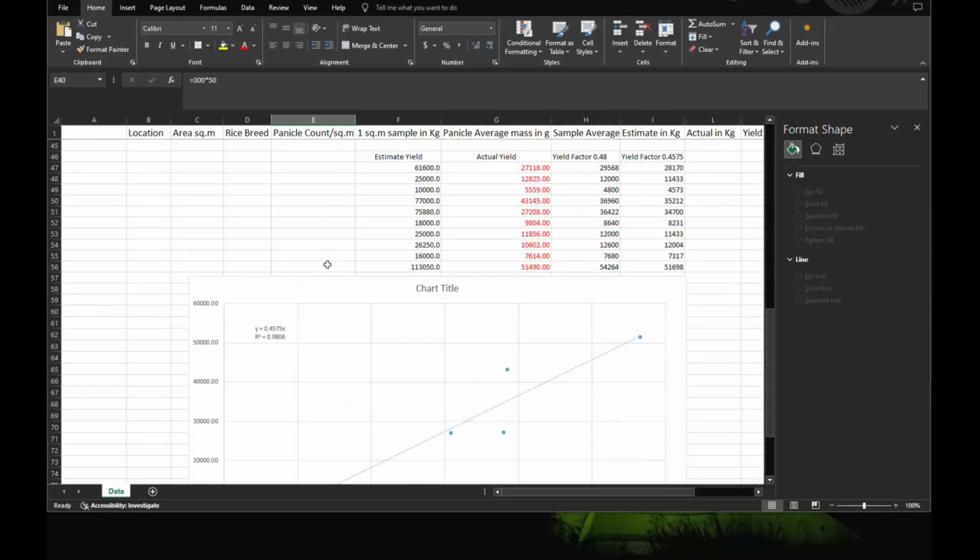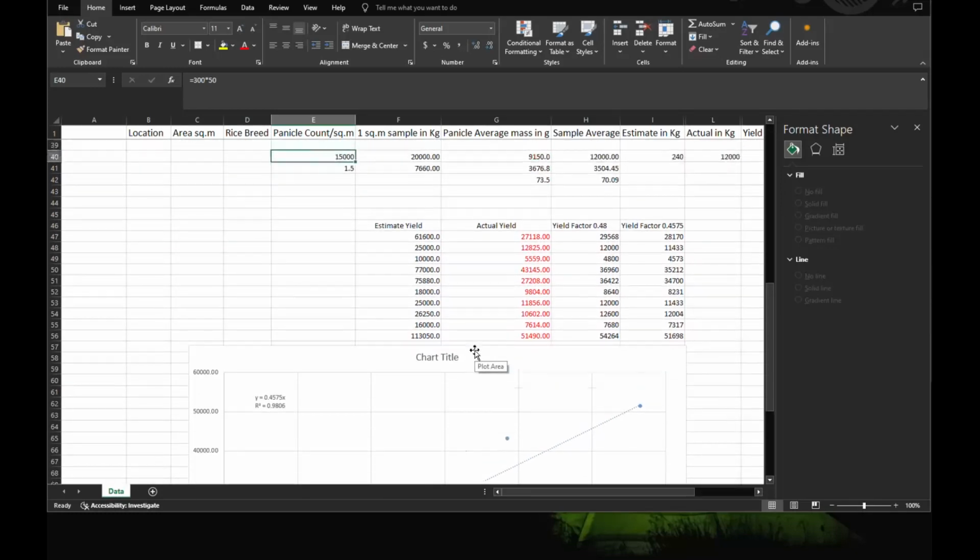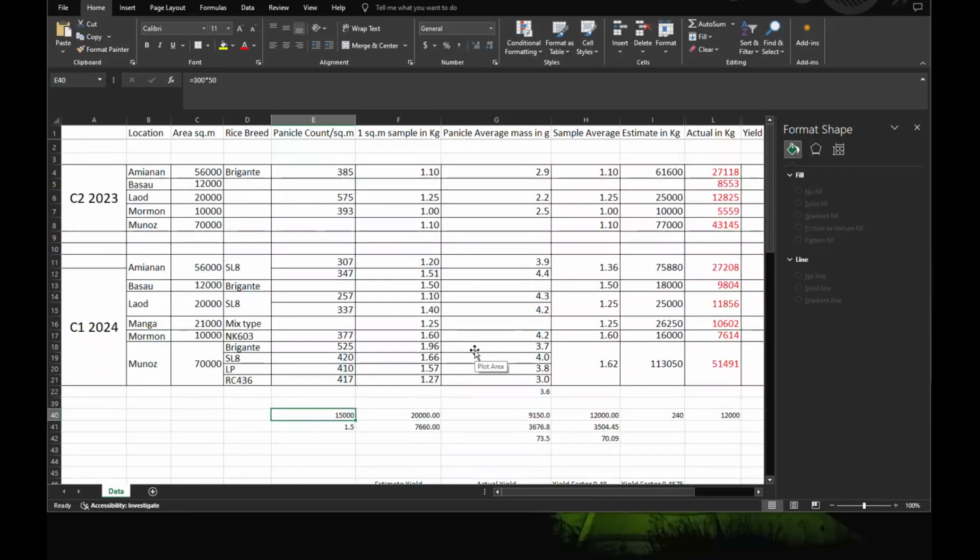Right now, I'm not happy. Okay, this is silly. I'm happy in a way that I understand a few things. However, I'm getting 1.5 kilos per square meter, and yet I have this around 10 tons. It would be nice if the yield was 15 tons. Oh well, this is fun with this data.